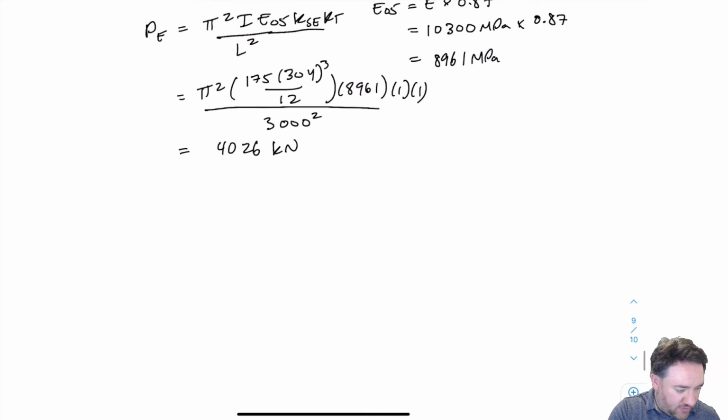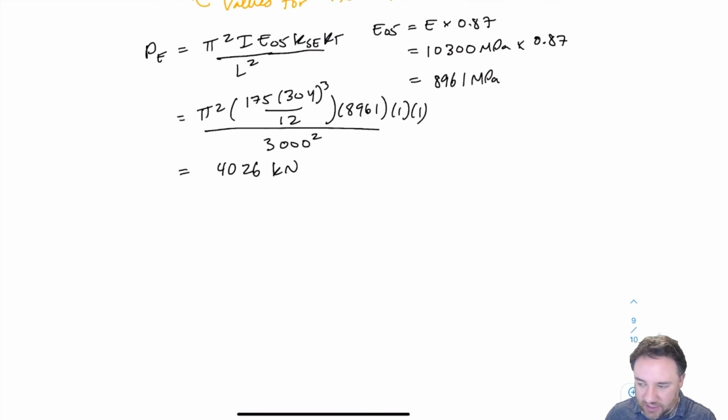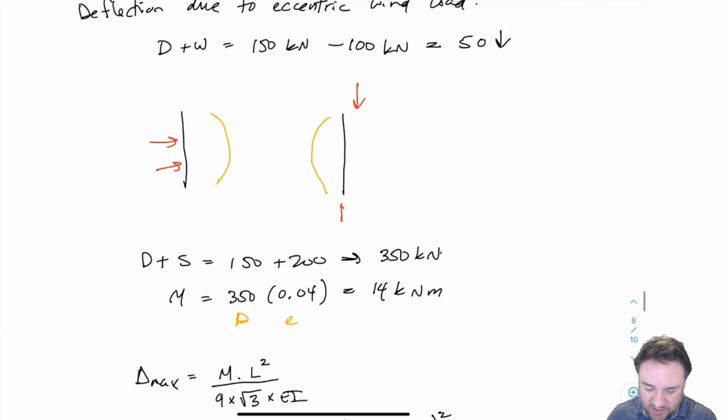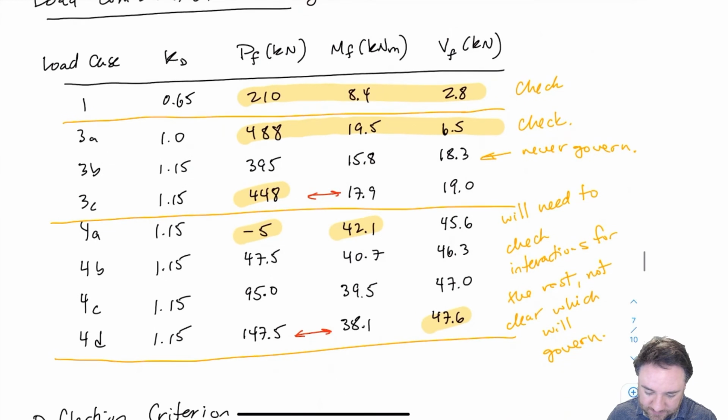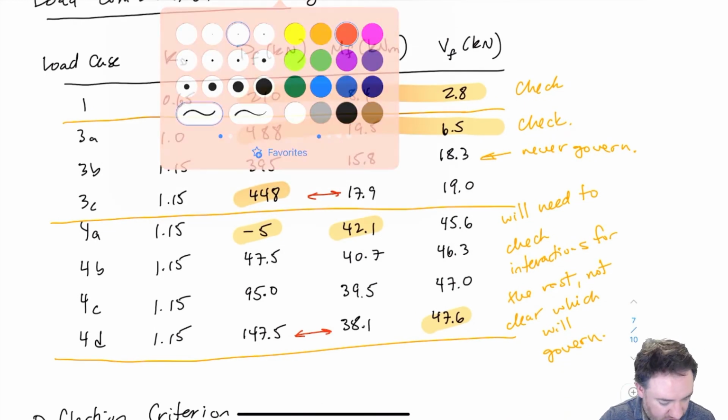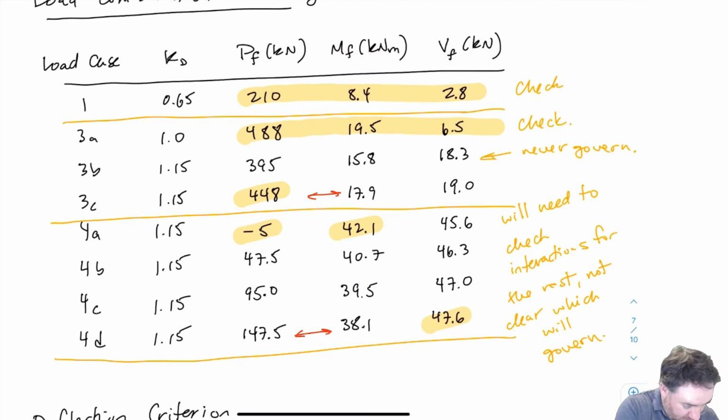Okay, so now what I'm going to do is for some of those load combinations, I'm going to just check a couple that I think might be the critical ones. I'm not going to check them all for now. I'll check them all at the end. But here's my summary. The ones I'm going to check are, I'm going to do this one here, 3C, the one that has the highest axial load and a medium amount of moment.